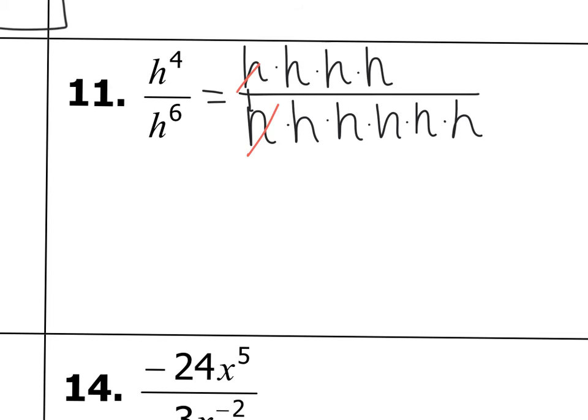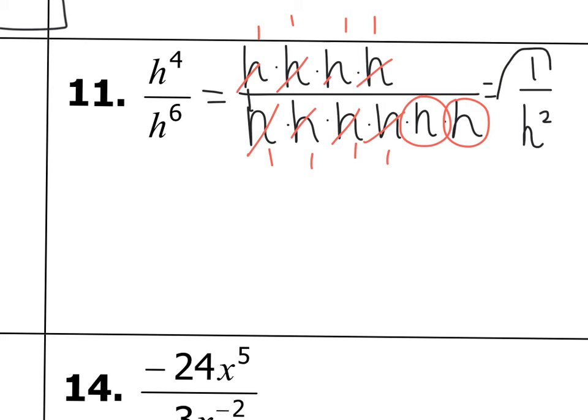And when I simplify and cancel out, I have 2 h's left on the bottom, which means I have h to the power of 2 on the bottom and 1 on the top. And this is my simplified answer.